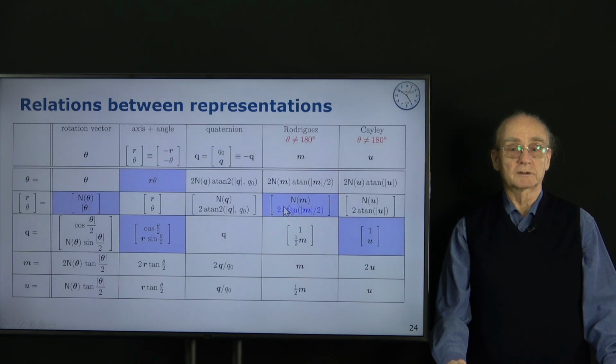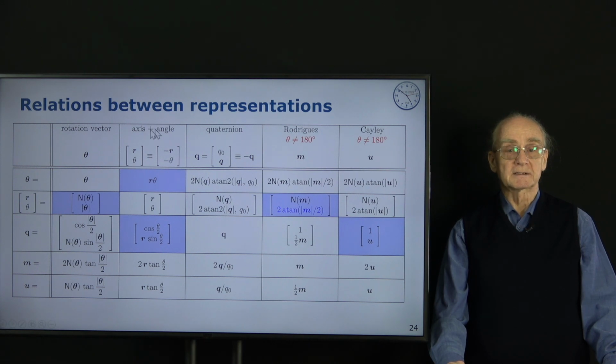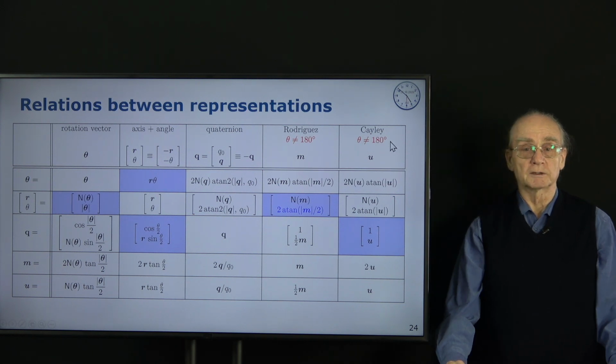And we take these different representations. So let's have a look at this table. I hope you can see this. We have here the rotation vector, here the axis and angle representation with r and theta. We have here the quaternions, and here the Rodriguez representation, and here the Cayley representation. The first thing is we see that the rotations here can only be represented if they are not 180 degrees.